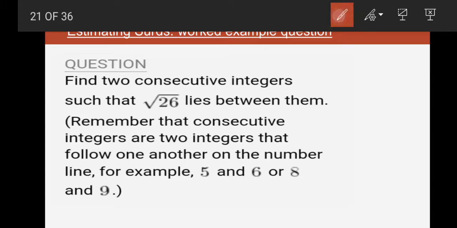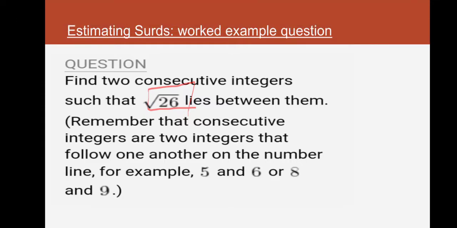So we must now find between which 2 consecutive integers the square root of 26 lies. So let us tackle this example. Let us first list our perfect squares. If you square 1, it gives you 1, and if you square 2, it gives you 4.